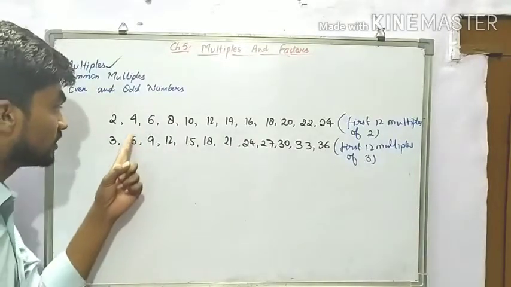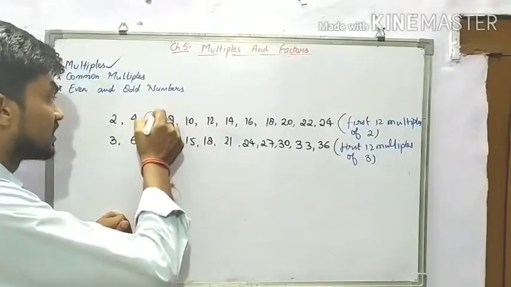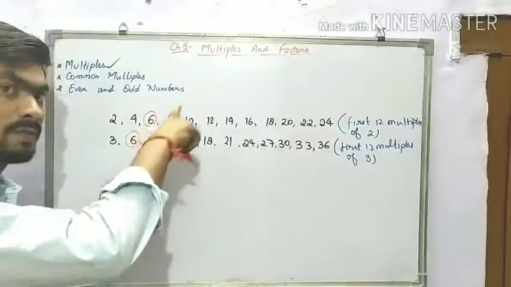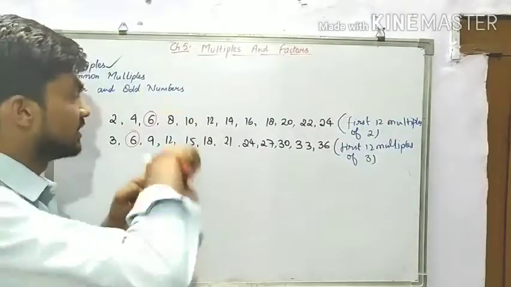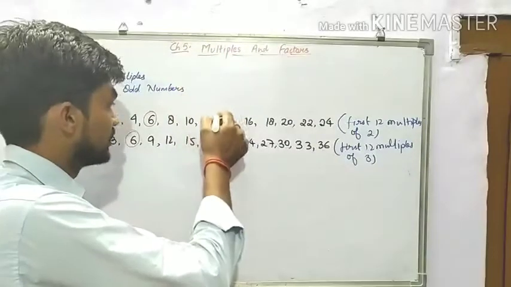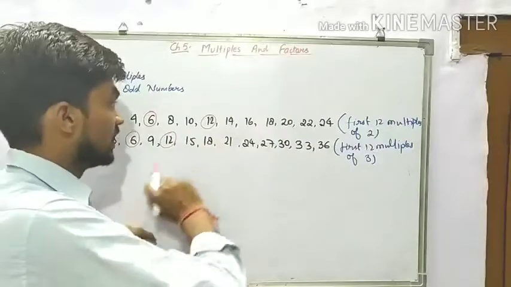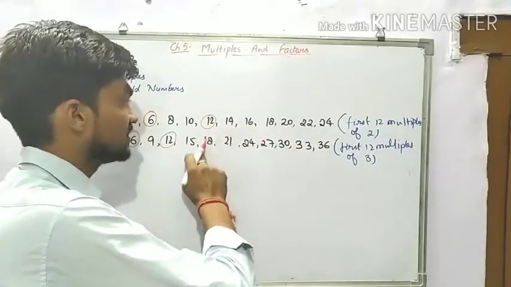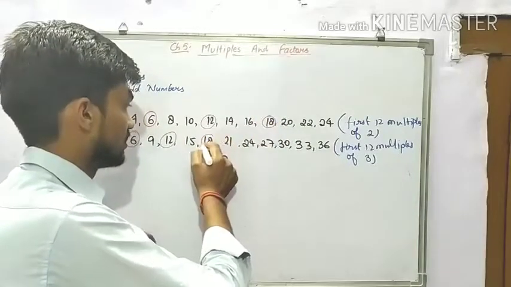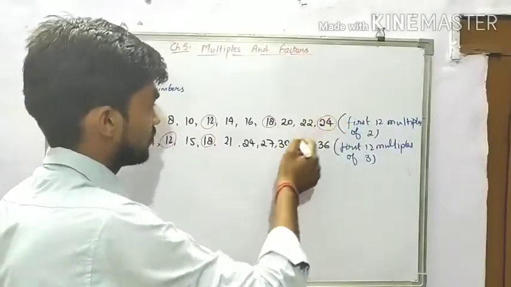No. 4, 6. But here we get 6. Here also we get 6. Means one multiple is common in both. Next, 8, no. 10, no. 12. You can see, 12 is present in both. Next 14, 15, 16, no. 18, common. 24 will be common.